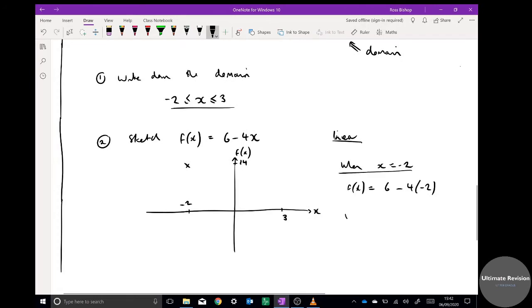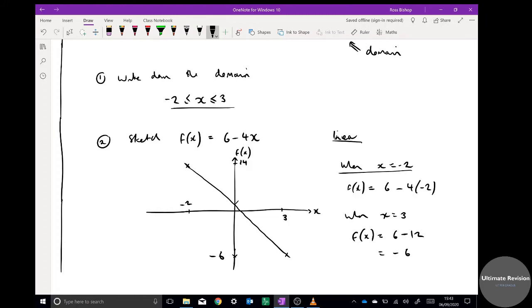And when x is on the far side of the domain, when x equals 3 this time, f(x) is going to equal 6 minus 12, so it equals minus 6. So it comes down to minus 6 there. And I just draw a line between the two. Okay. Be a little bit careful.